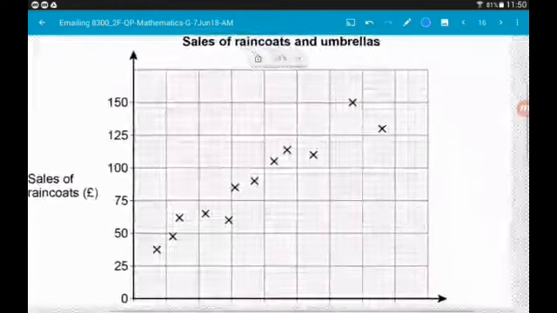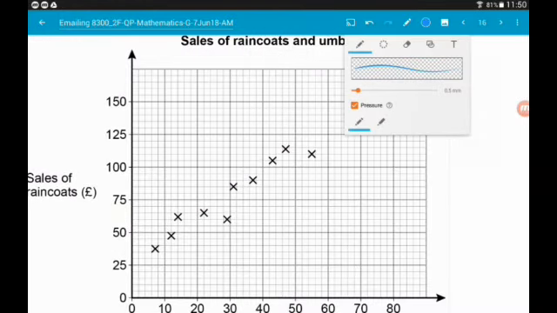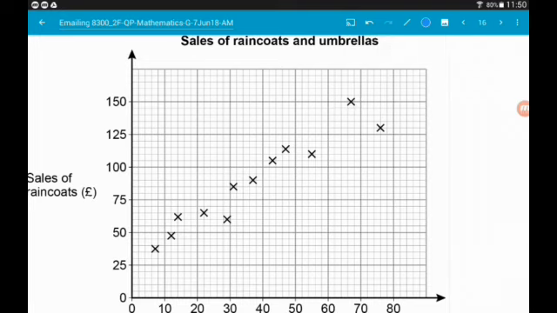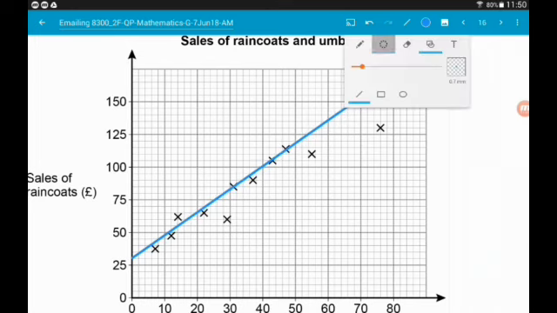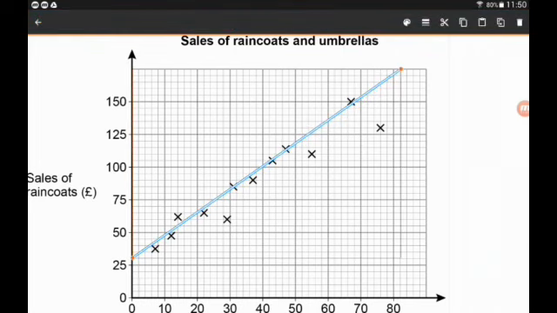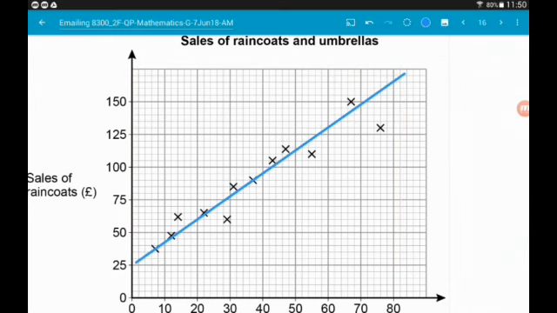So if we draw a line of best fit, something like that, as long as the line fits quite tightly with the data, then we're golden.